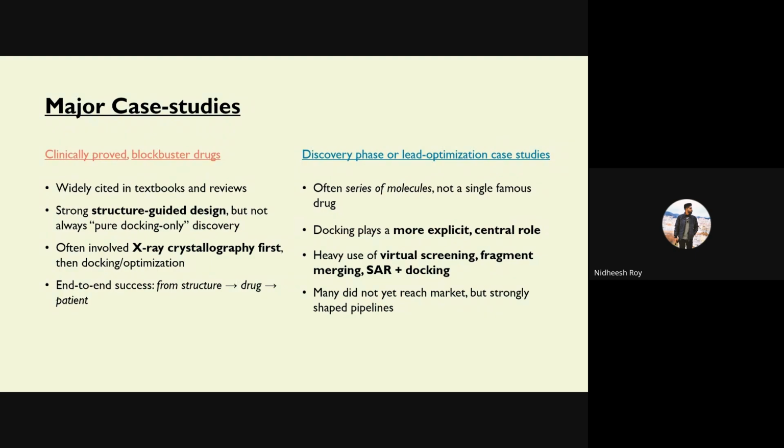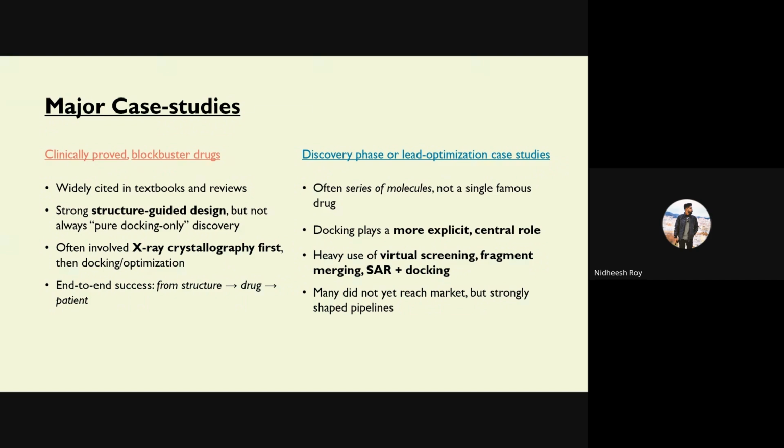Researchers use docking to rationalize why a drug binds efficiently to its target. Here, docking supports mechanistic understanding rather than driving discovery. Moving to the blockbuster drugs, docking plays a more integrated and iterative role. For many high-revenue drugs, docking was used repeatedly during lead optimization to refine binding affinity, selectivity, and pharmacological profiles.